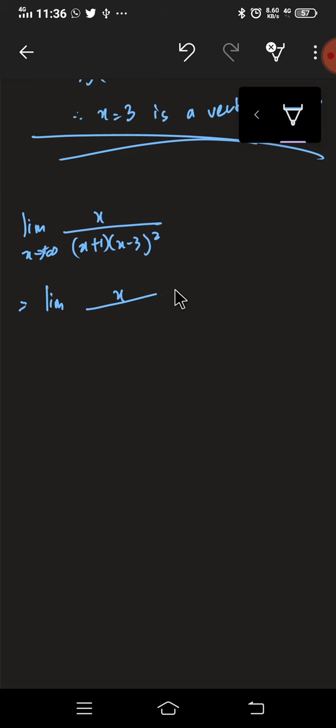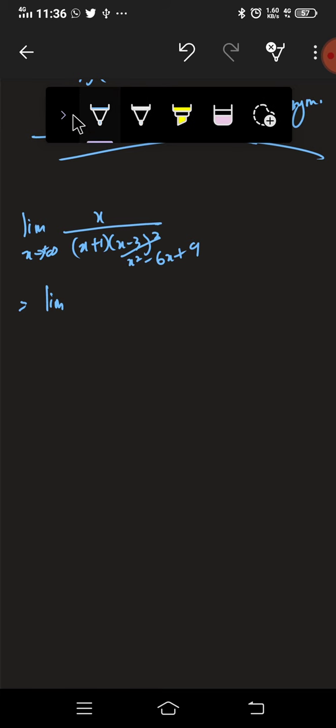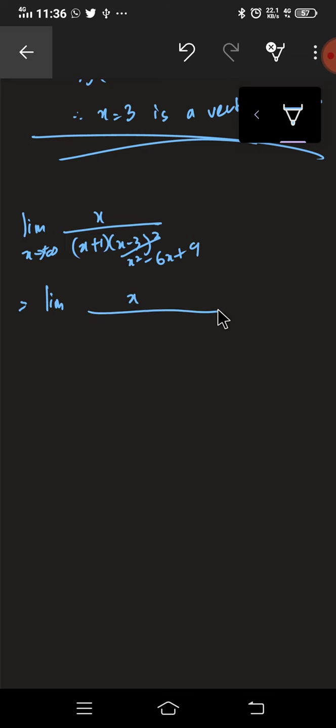So (x - 3)² will be x² - 6x + 9. Expanding the denominator, we get x divided by x³ - 5x² + 3x + 9, as x approaches positive infinity.